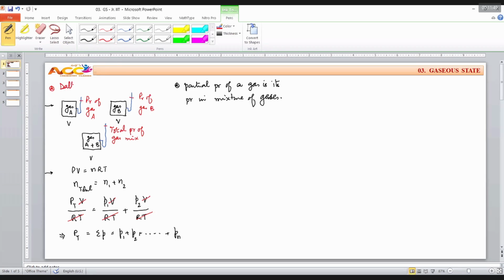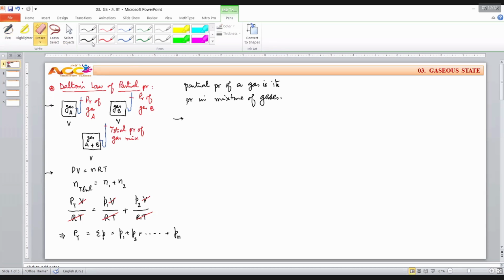Dalton's law of partial pressure. Now, how to proceed further? Very simple, sir. Let us try to write down the statement of Dalton's law of partial pressure.